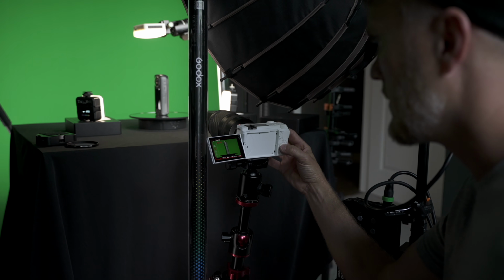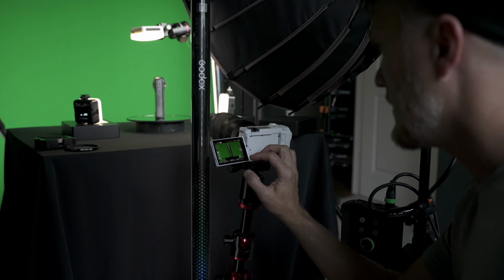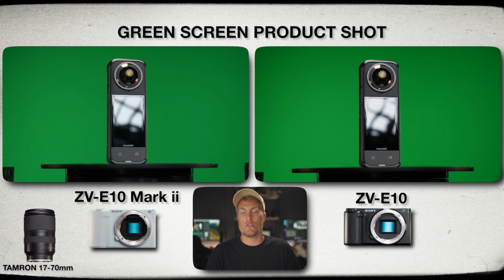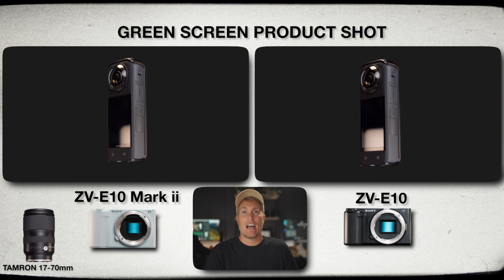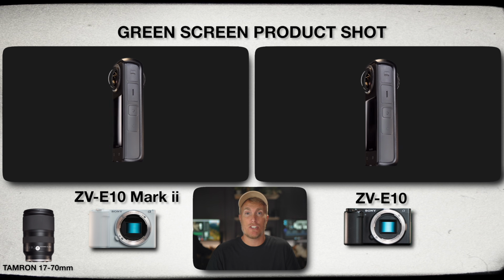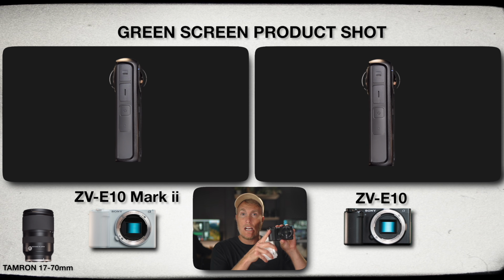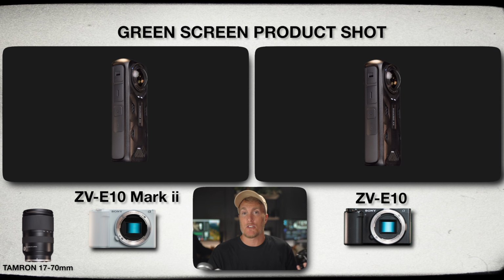Kind of piggybacking off of the log footage out of both cameras, I used to think that the 8-bit ZV-E10 wouldn't be that great for green screen work, especially when we compare it to a 10-bit camera like the ZV-E10 Mark II. But that's when I used to not do too much green screen work, so I didn't really understand how to do it. I used to find that even after keying the image, you could still see a little bit of green on the edge of whatever I was green screening.